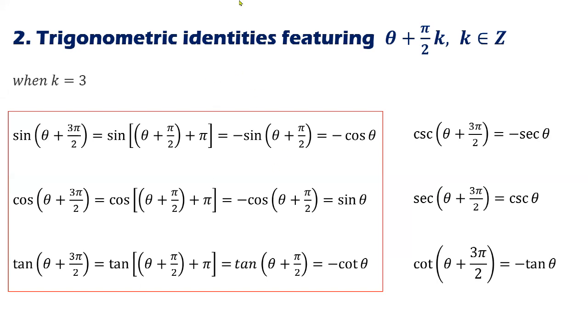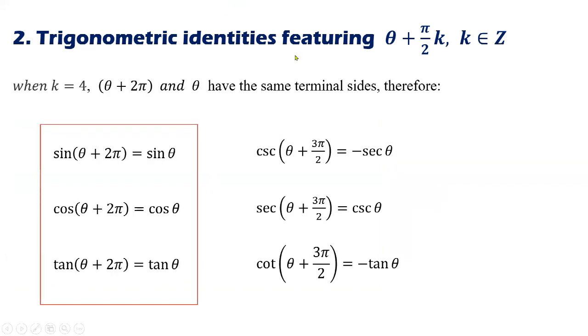Okay, any questions? No? All right, now let's consider if k is 4. If k is 4, theta plus half pi times k becomes theta plus 2 pi, right? Theta plus 2 pi is easy to calculate because it is a new angle that has the same terminal side as theta.